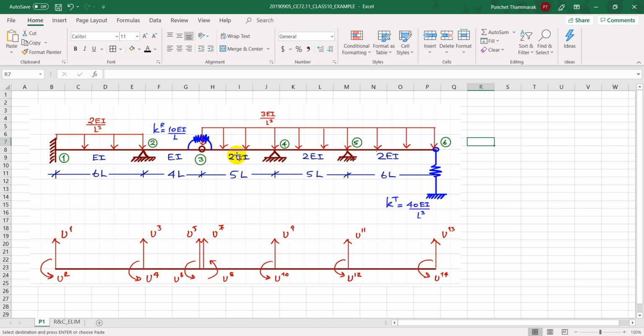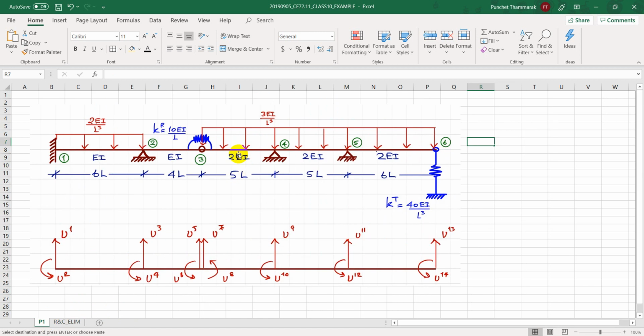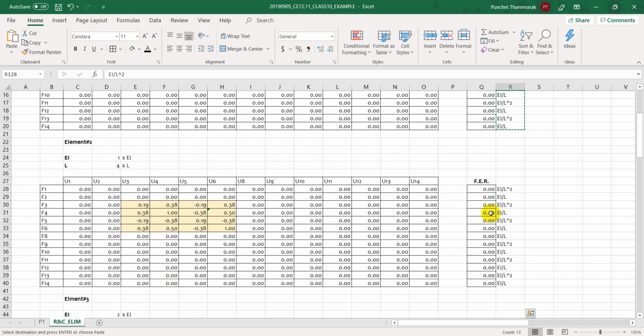So this multiplied by 5 divided by 2, so it is 7.5. What is that degree of freedom? It is associated with number 5. Number 5 is this one here. So 7.5, right?